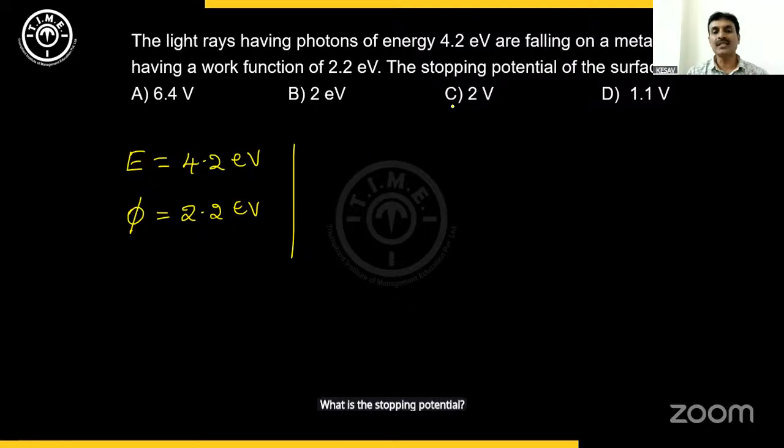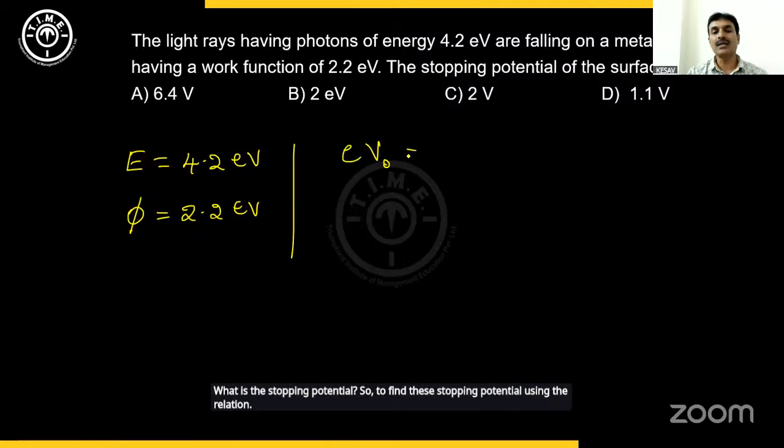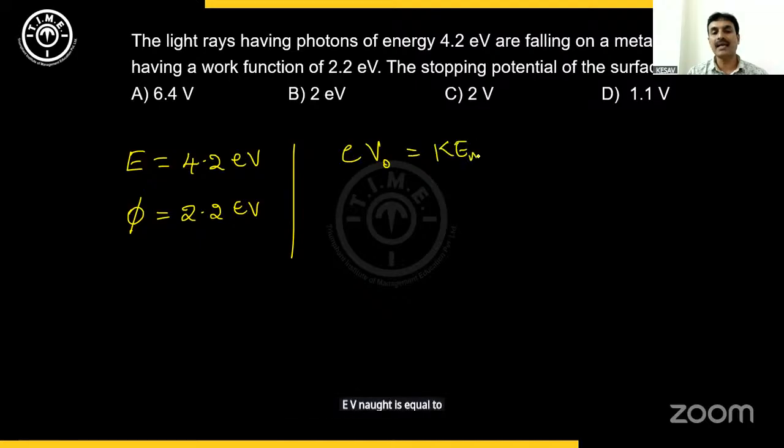To find the stopping potential using the relation eV0 is equal to Ke max, let's make use of the photoelectric equation, which says eV0, where V0 is the stopping potential, is E minus phi, isn't it? Ke max is E minus phi.